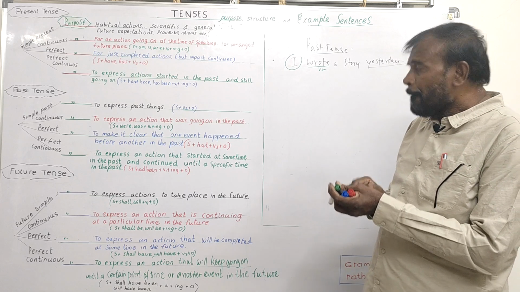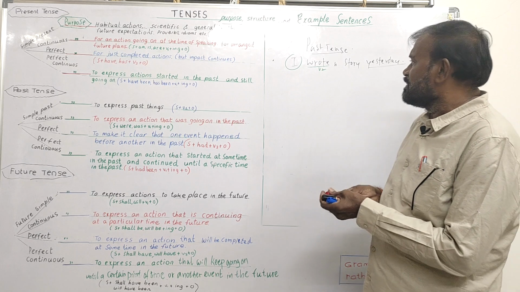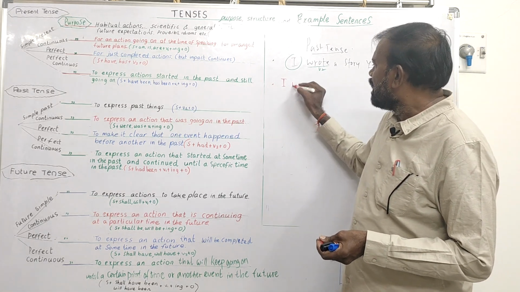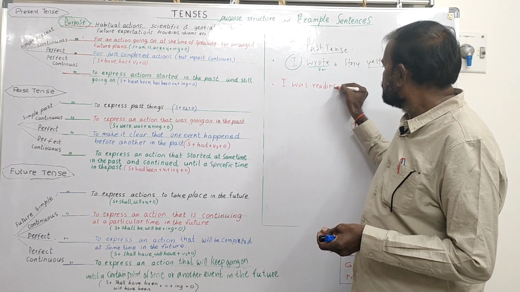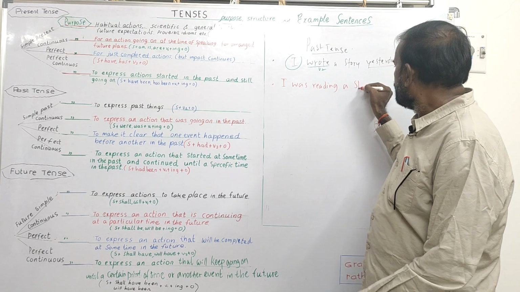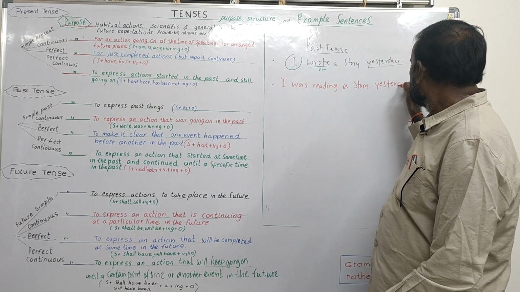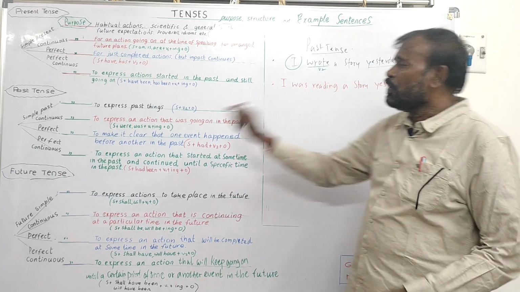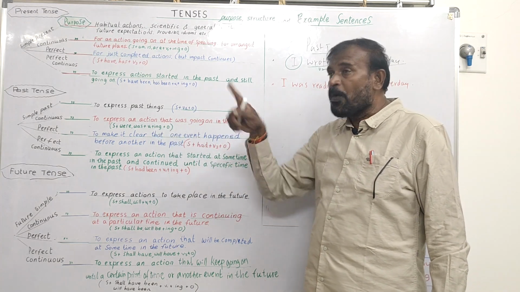And past continuous. I was reading a story yesterday. This kind of sentence is used to express an action that was going on in the past period.